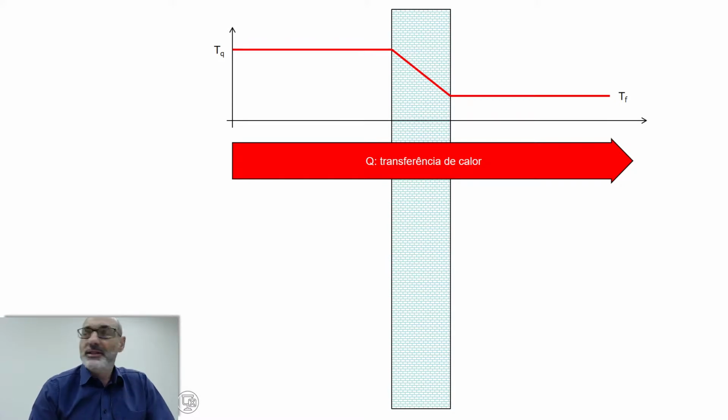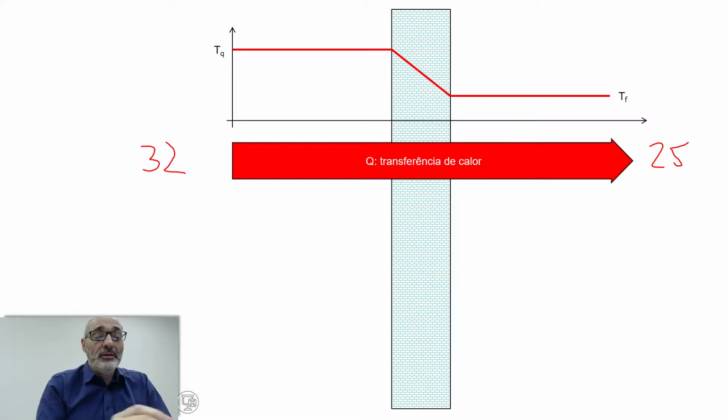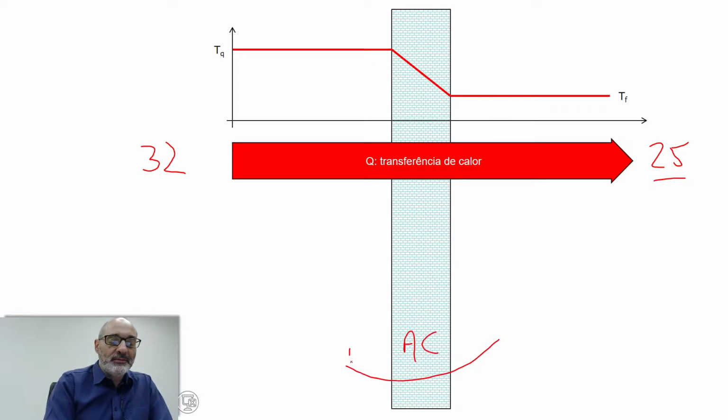Inside this place where I am right now, it may be, let's say, 25 degrees, and outside today here in São Carlos, possibly 32 degrees. So there's heat flowing from the environment outside to the atmosphere inside this room because of this temperature difference. What maintains the temperature at 25 is the AC, air conditioner.